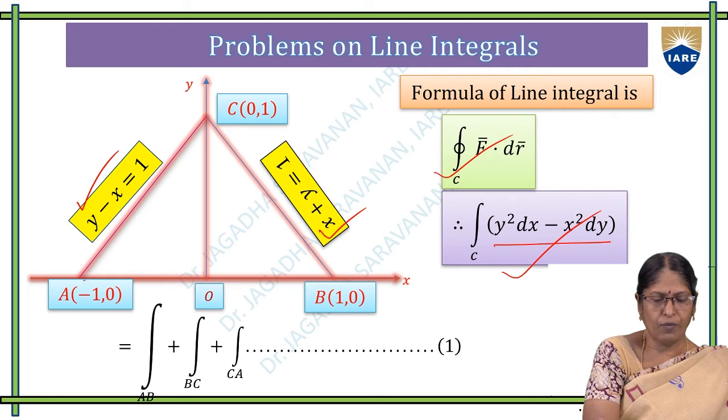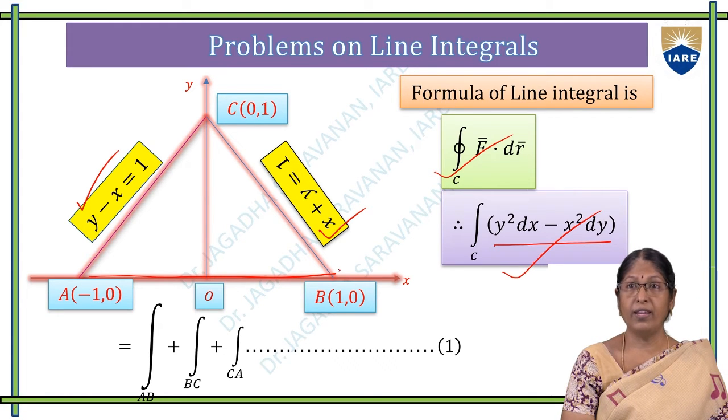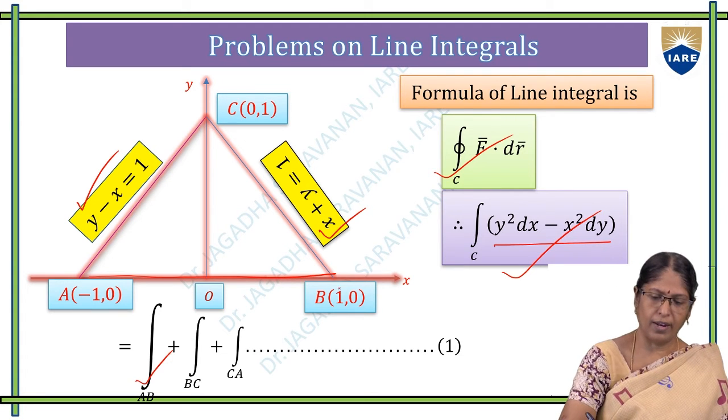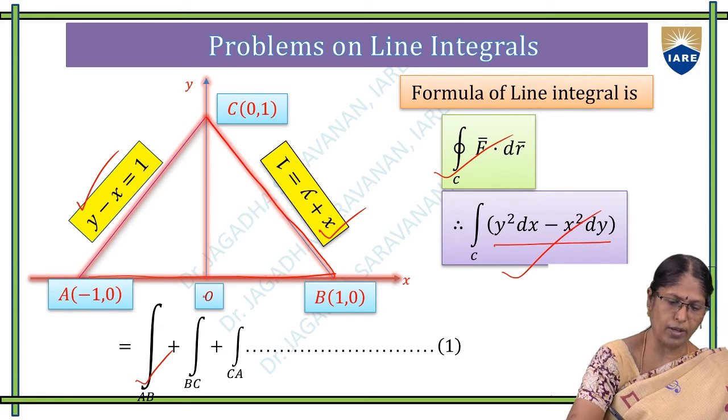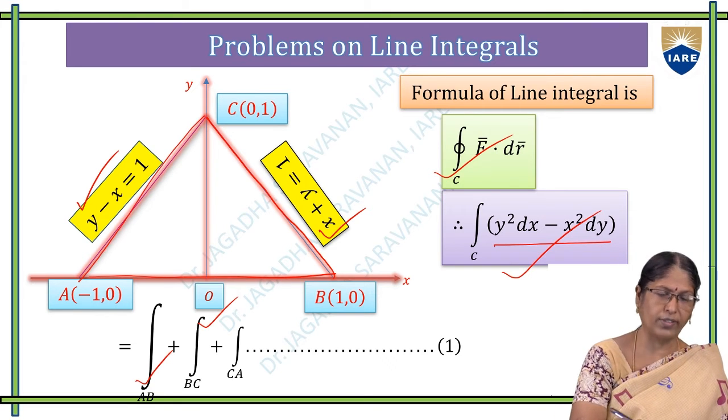So from A to B we move, taking the line integral along AB plus the line integral along BC plus the line integral along CA.